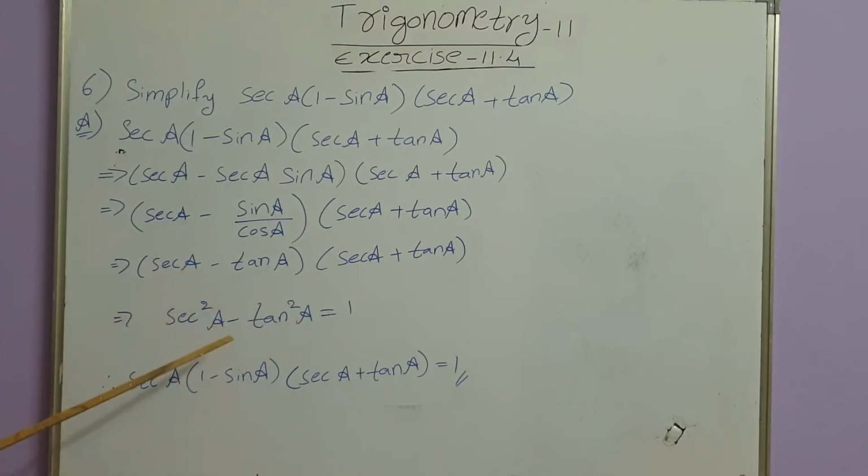Sec square A minus tan square A. This is a formula: sec square A minus tan square A is equal to 1. So in this substitute 1. Sec A (1 minus sin A) into (sec A plus tan A) is equal to 1.